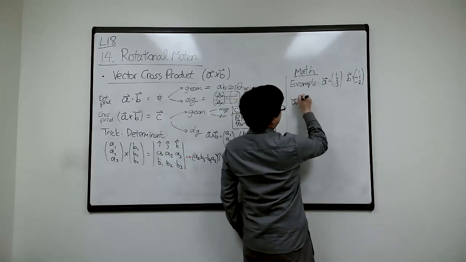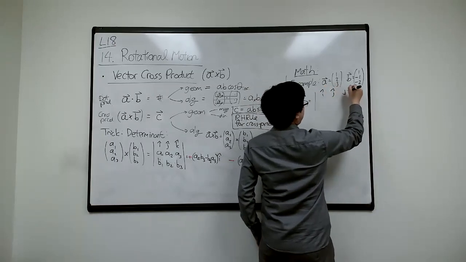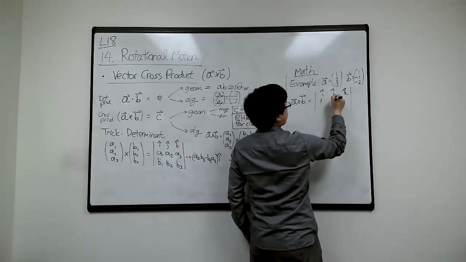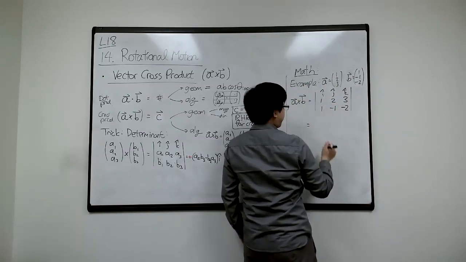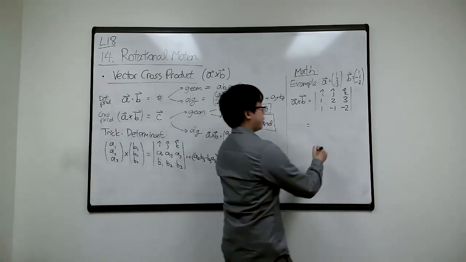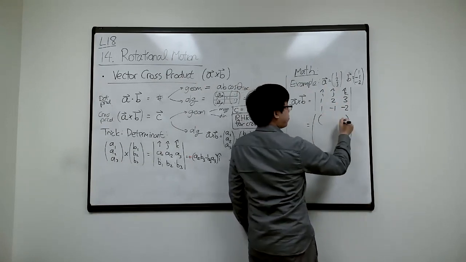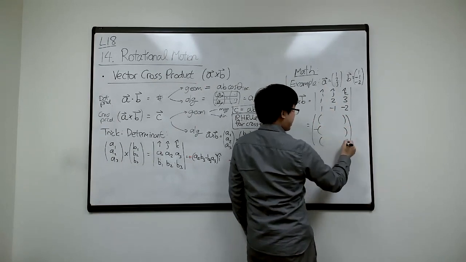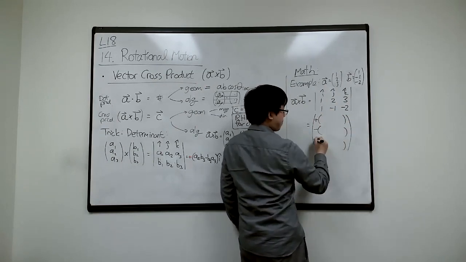So, what's A cross B? This is what I usually do. I will write this, and then I'll copy this as 1, 2, 3, and 1, -1, -2. Then instead of writing i, j, k, I immediately write this, and I put parentheses and minus signs here. So I know it's going to be positive something i, minus something j, and positive something k.